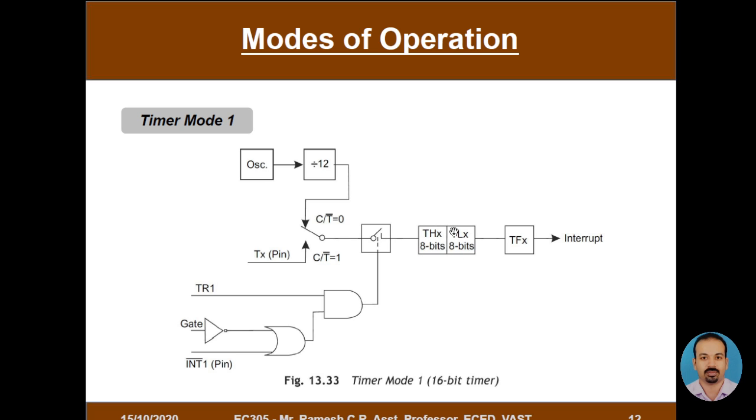Here both registers act as a full counter, so we can count from 0000H to FFFFH, a total of 16 bits. On occurrence of the overflow from FFFFH to 0000H, the timer overflow flag will be set.